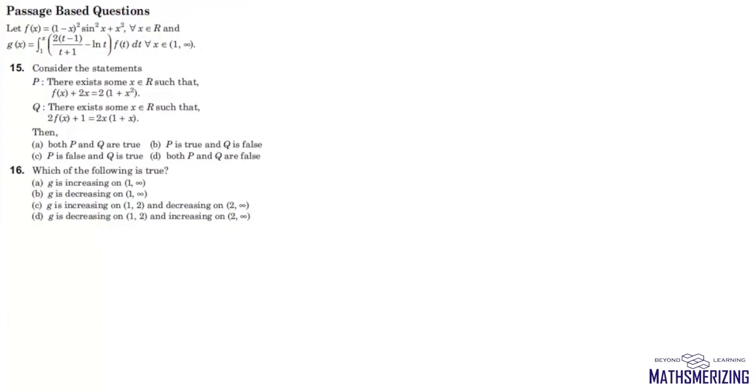Now the second part is we need to find if g(x) is increasing or decreasing. So we'll find g'(x). g'(x) will be (2(x − 1)/(x + 1) − log x) f(x), since the derivative of x is 1, minus the derivative of the lower limit 1, which is constant, so its derivative will be 0.